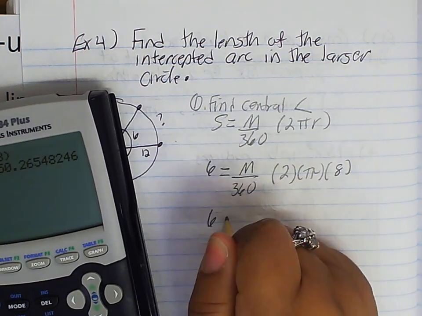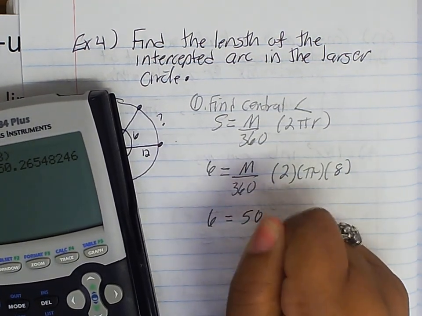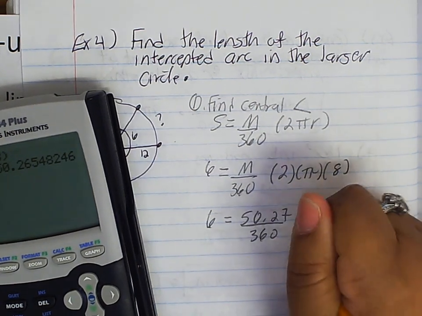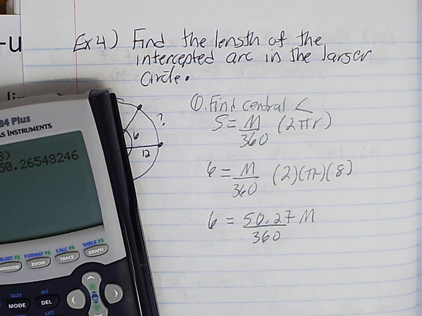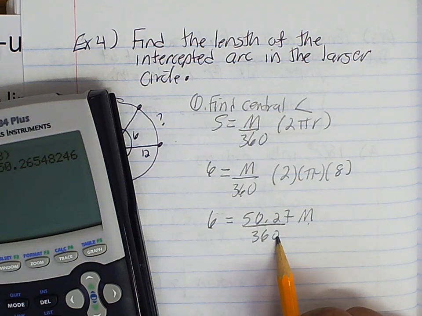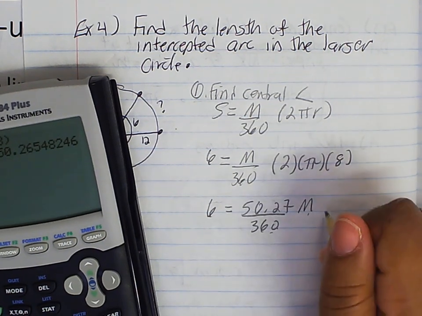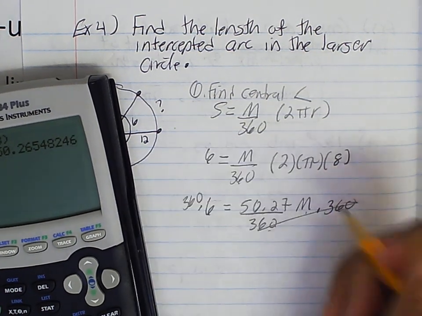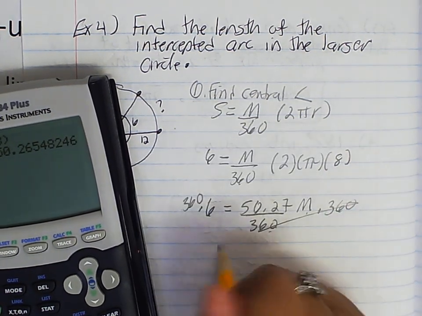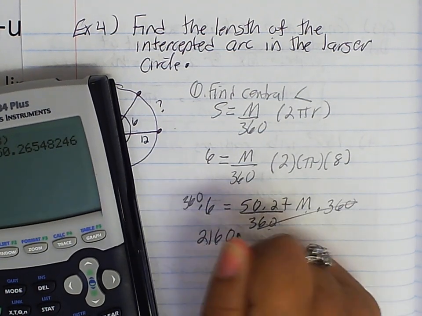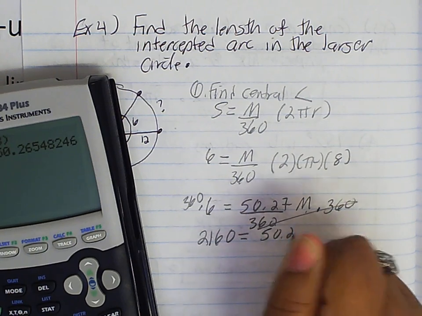So we have 6 equals 50.27 all over 360 times m. Okay, don't forget the m. Our goal eventually is to get m by itself. So I'm going to get rid of the 360. The way to get rid of 360 is by multiplying 360 on both sides. So I'll do 360 times 6, which gives me 2,160 equals 50.27 m.